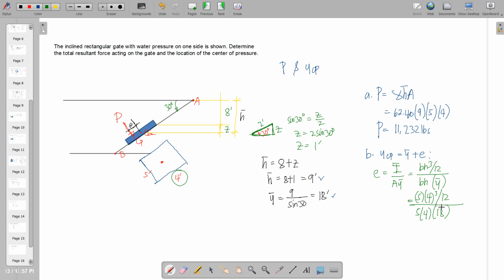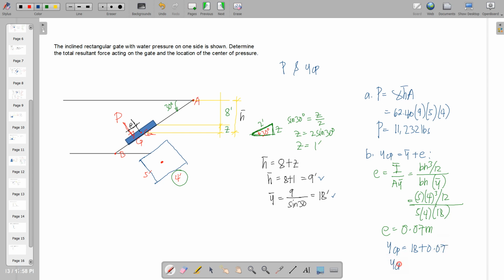Hence, we can compute E to be equal to 0.07. So, therefore, YCP is actually y bar, 18, plus E, 0.07.